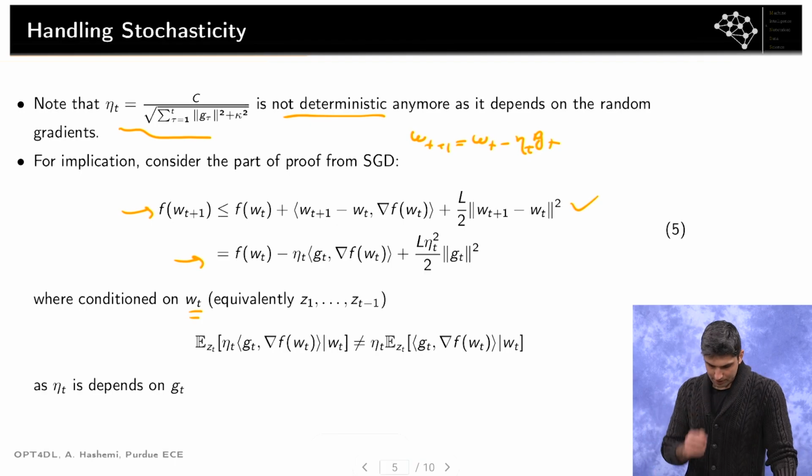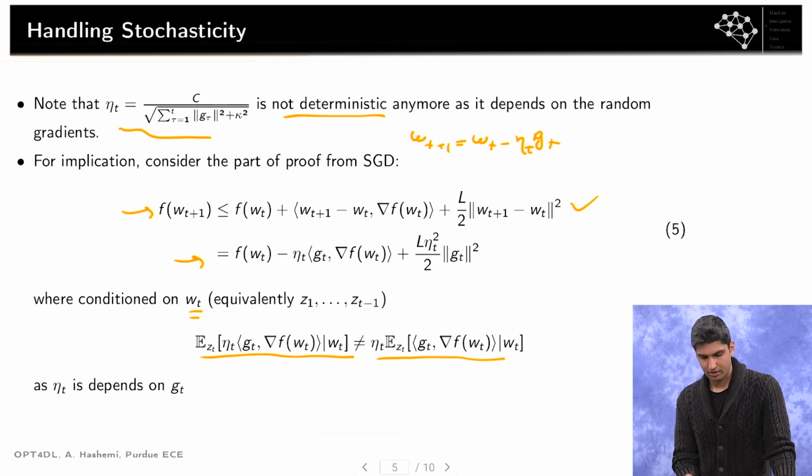So when I take this conditional expectation, what we could do previously was that eta was deterministic, conditioned on this choice, and we could bring it out of this expectation. Here, we can't do that anymore because eta is stochastic.